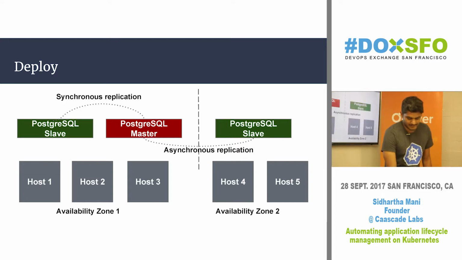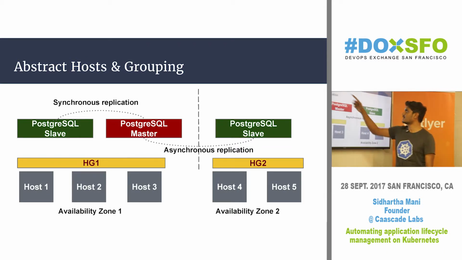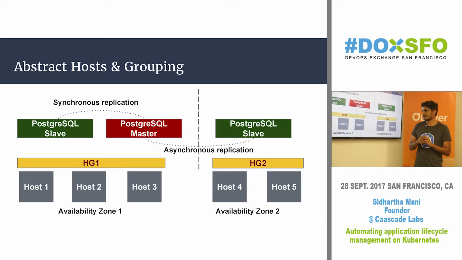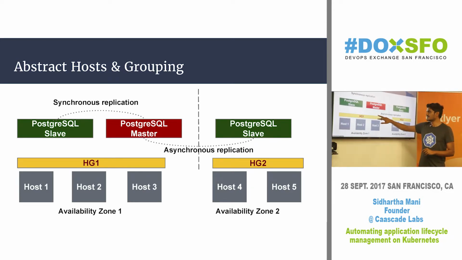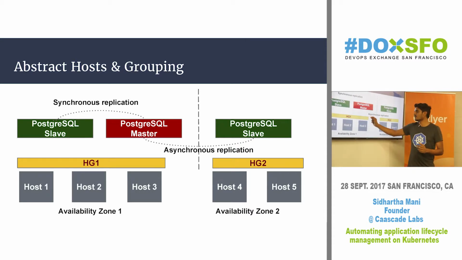So what I did, I created this concept called abstract hosts and grouping. What this does is, while you're writing the application definition, you don't have to know what are the underlying hosts. You can just deploy this pod on host group 1 or host group 2. And during runtime, this host group is mapped to actual hosts.